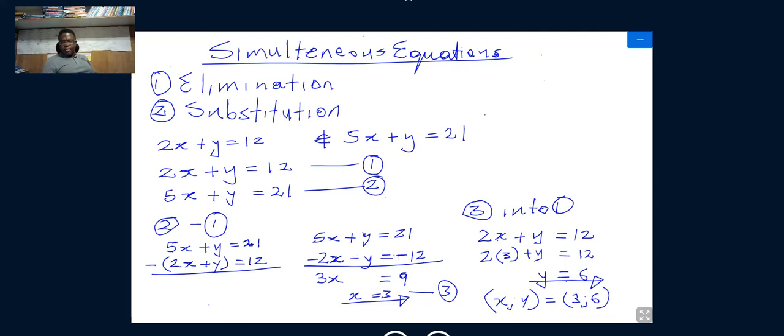The next is the substitution method. The substitution method is usually used when you've got 2 different equations, in a sense that you cannot do elimination.